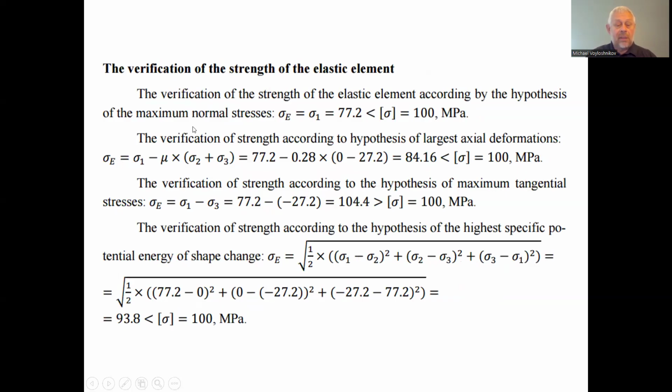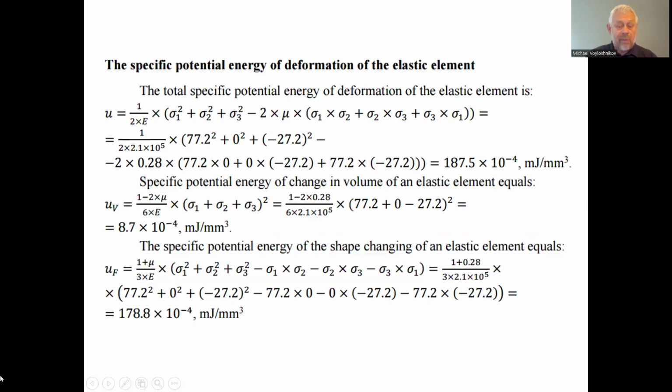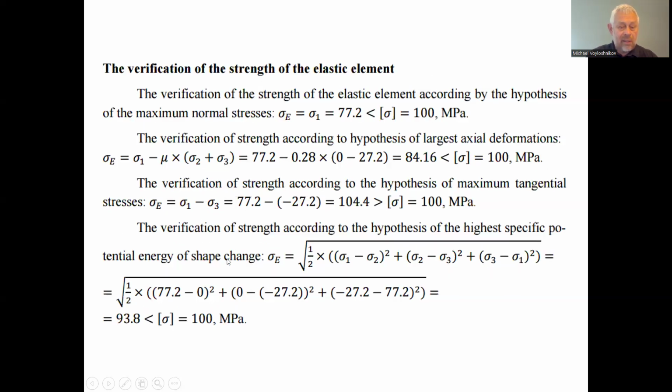And let's consider the verification of the strength of the elastic element. First, let's consider the concepts, the hypotheses of the destruction of the mechanical element. We considered, as I remember, four concepts. Excuse me, the potential energy we considered in article 7.4, not 7.5, but in article 7.5 we consider the concepts of destruction of the elastic element.